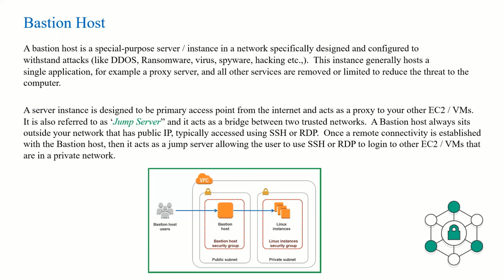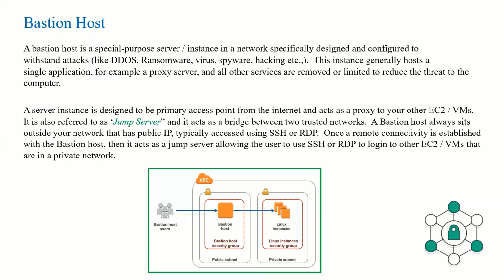So this Bastion host is also referred to as a jump server. It acts as a bridge between two trusted networks. A Bastion host always sits outside your network and has a public IP address. Please remember this. A bastion host will always have a public IP address, typically accessed using SSH or RDP.